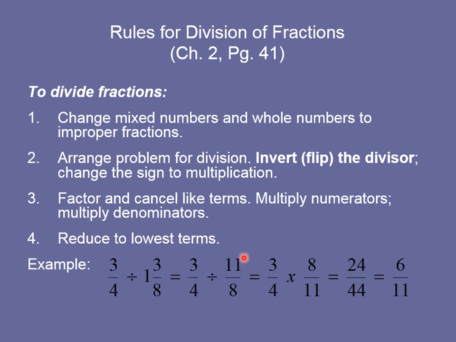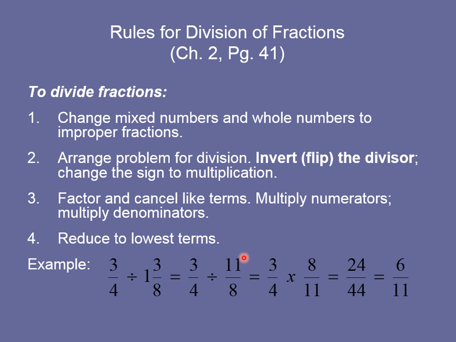Then you cancel whatever you can, and you get 6 over 11. That's how we get the reduced term. Remember, almost all of the time we want the lowest term for the fraction in the answer, if it is possible. If it is not in the lowest term, we always reduce it to the lowest term.